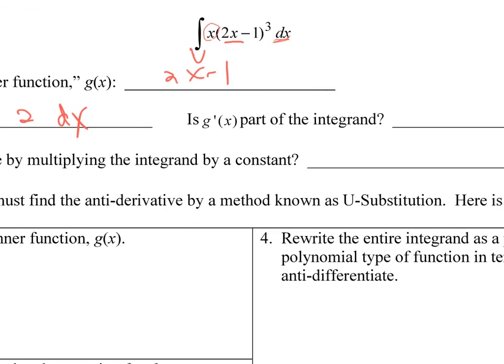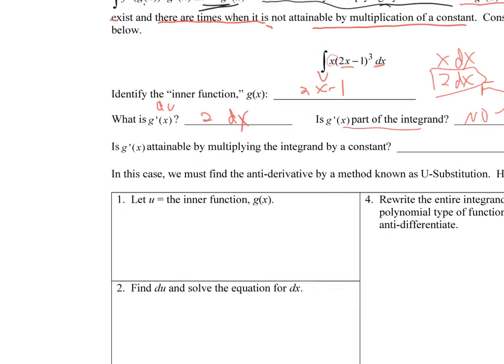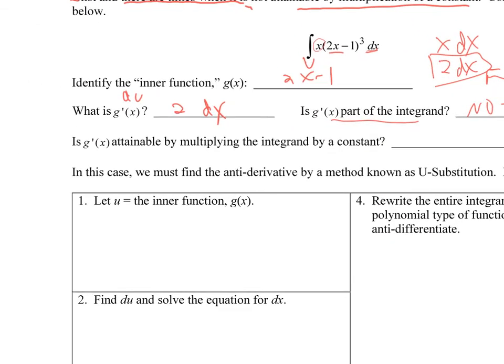Is g prime of x part of the integrand? No, it's not. Because I have an x dx, and what I wanted was a 2 dx. This is what I wanted, and that's not there. Is g prime of x obtainable by multiplying the integrand by a constant?